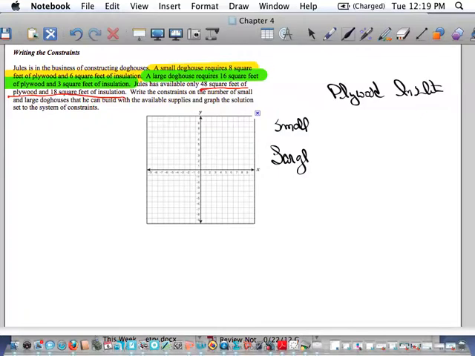Okay, we have to define our variables. So let's look at calling small dog houses X. So we're going to let X equal the number of small dog houses and Y equal the number of large dog houses.